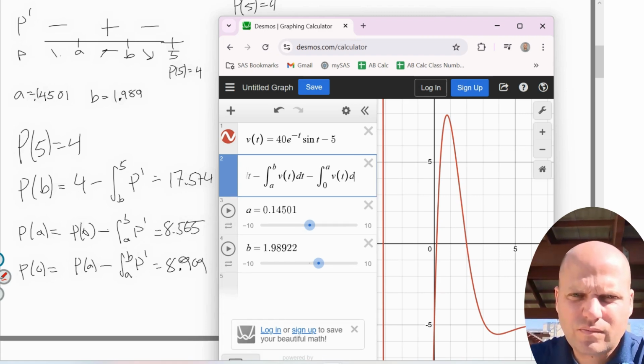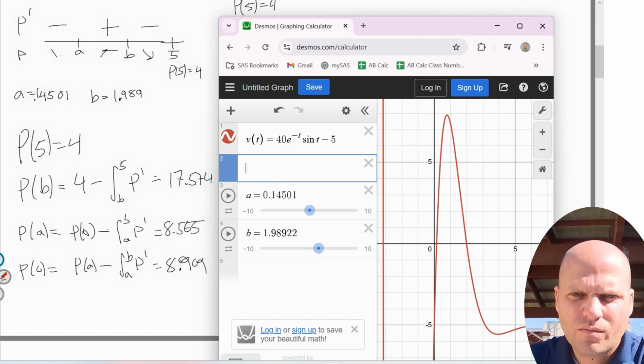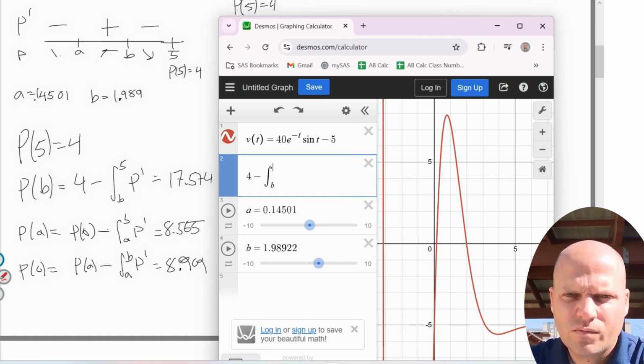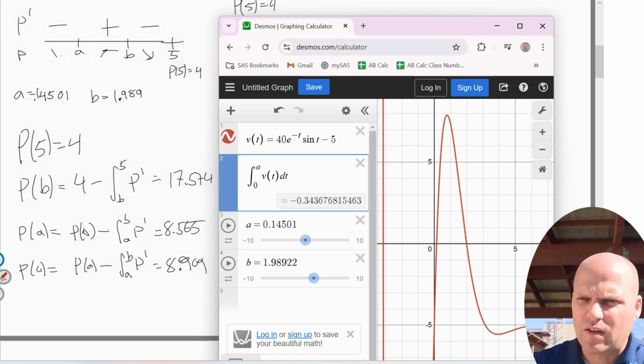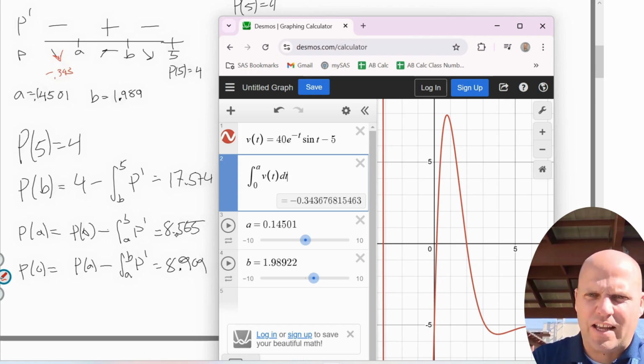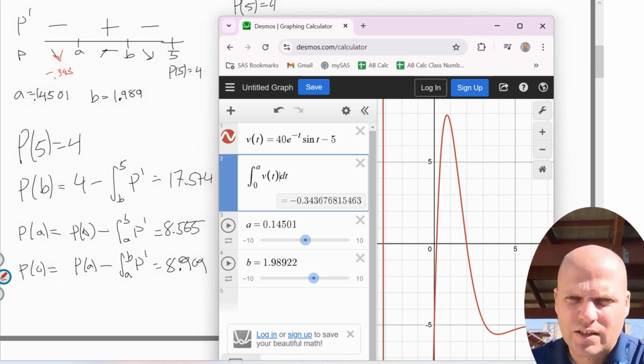Well, zero to a of v of t dt is negative 343. Does it make sense that I start at 8.909 and then I get to 8.565? Yes.